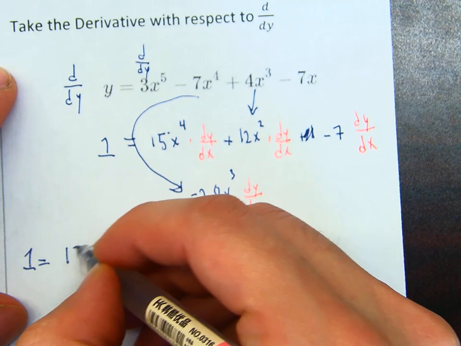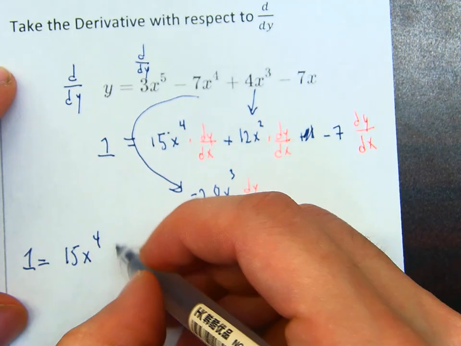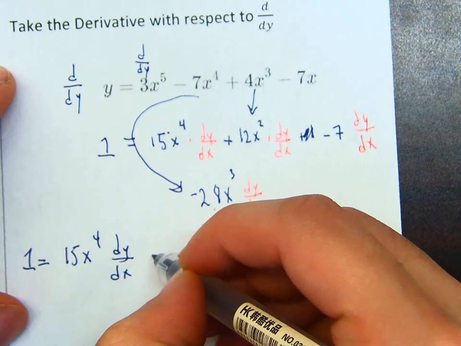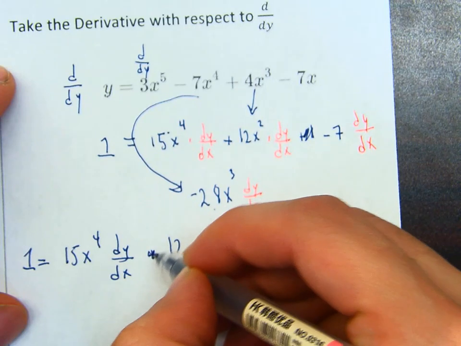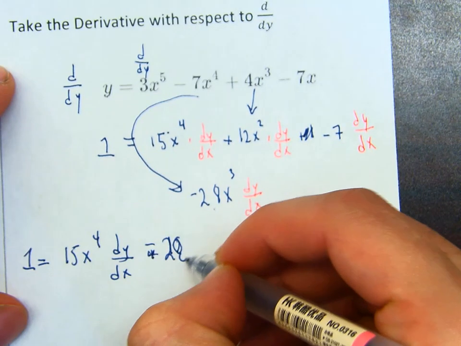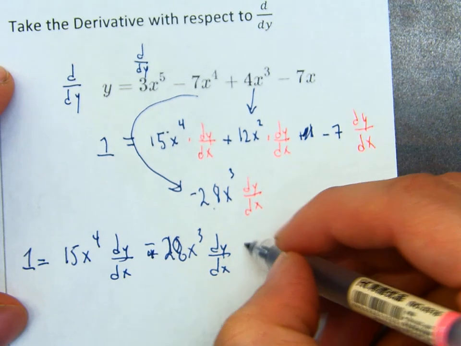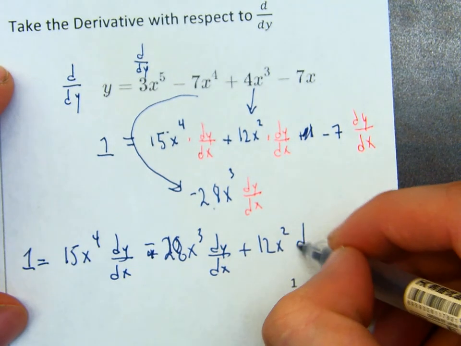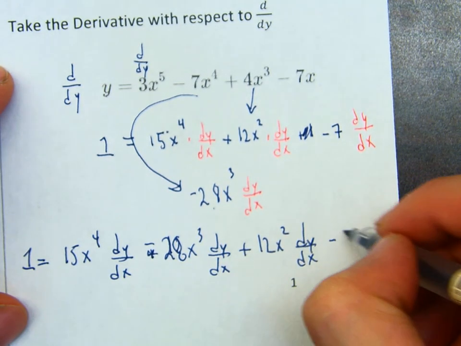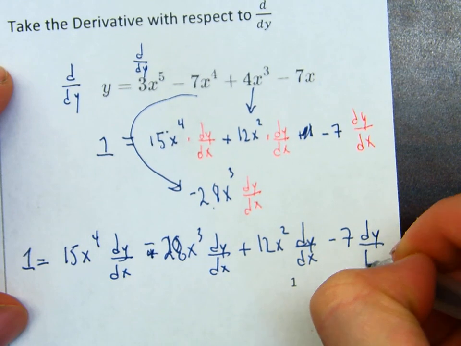1 equals 15x to the fourth dy dx minus 28x cubed dy dx plus 12x squared dy dx minus 7 dy dx.